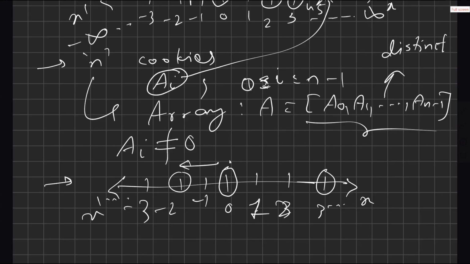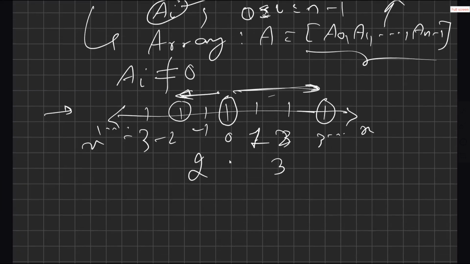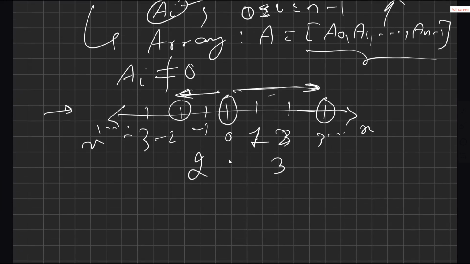This distance is 2 and this distance is 3, so he will definitely move to the nearer cookie first.